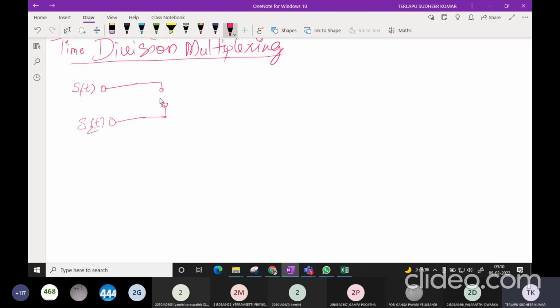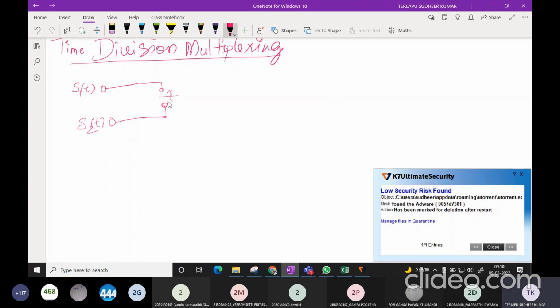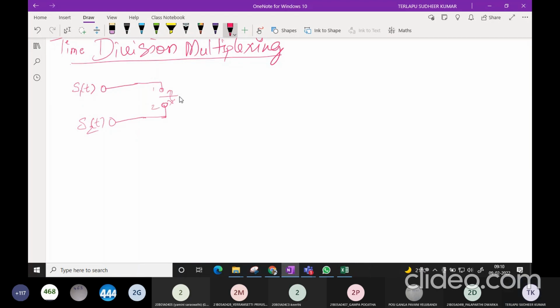So therefore, what I do is I use a switch here, which can be moved from position 1 to 2 and 2 to 1. Then I have a transmitter. In between, this is my free space array, what we call a channel.